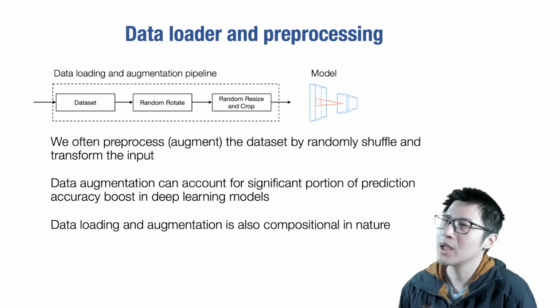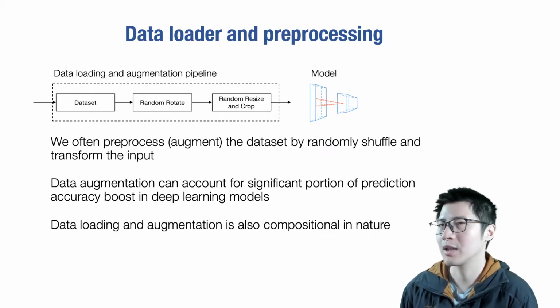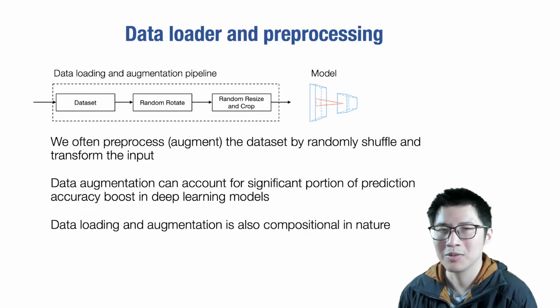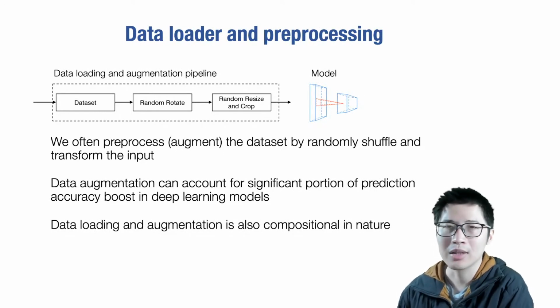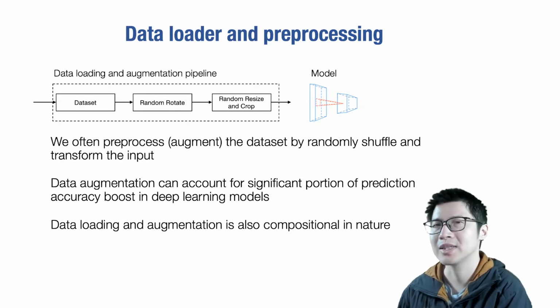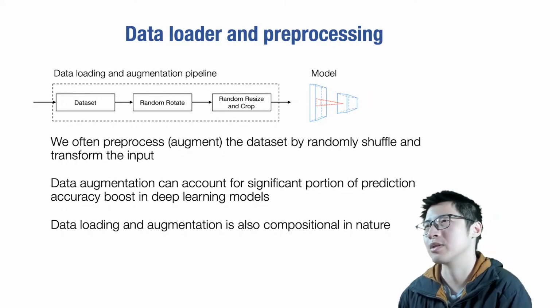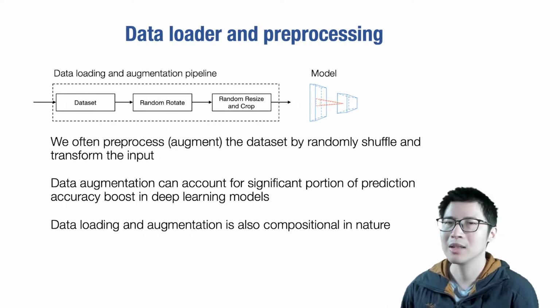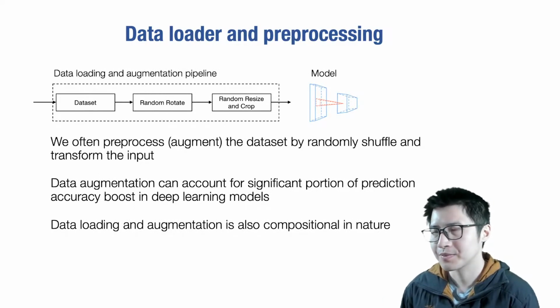Different kinds of data augmentation can account for a significant portion of the prediction accuracy boost in deep learning models. If you look at most machine learning training pipelines, data augmentation is a huge part of it. People do things like affine transformations on images, rotating, jittering, to make sure that we get a bigger input space and the model is robust to those kinds of transformations.